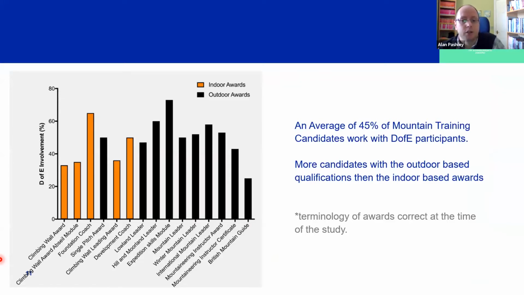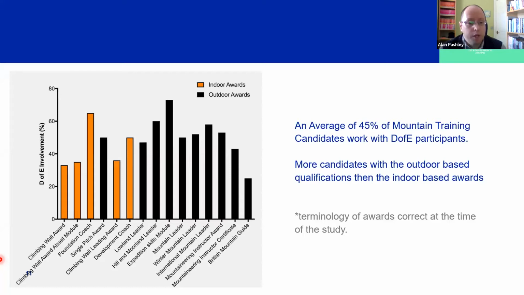So for each section that a young person does, they need an assessor who will write some complimentary and positive words about them at the end of their time of doing that section and saying how they've progressed. The terminology here does relate to the terminology and phraseology of awards from a few years ago, but that's kind of relevant to when the study was taken. Hopefully we can all interpret that and understand it.